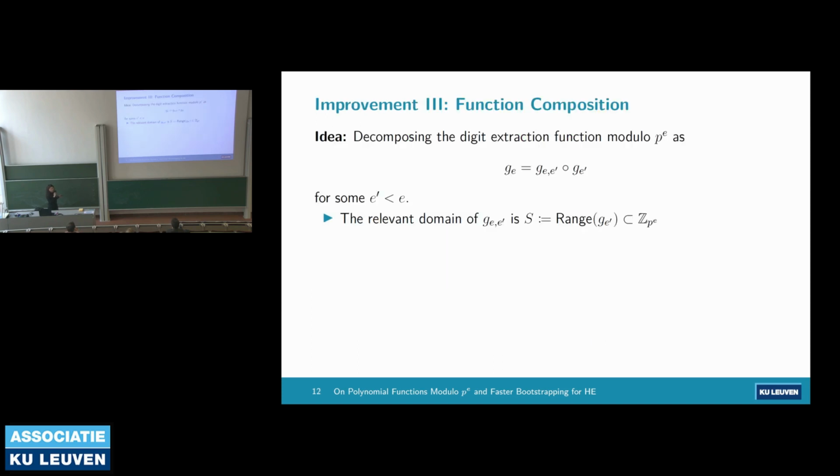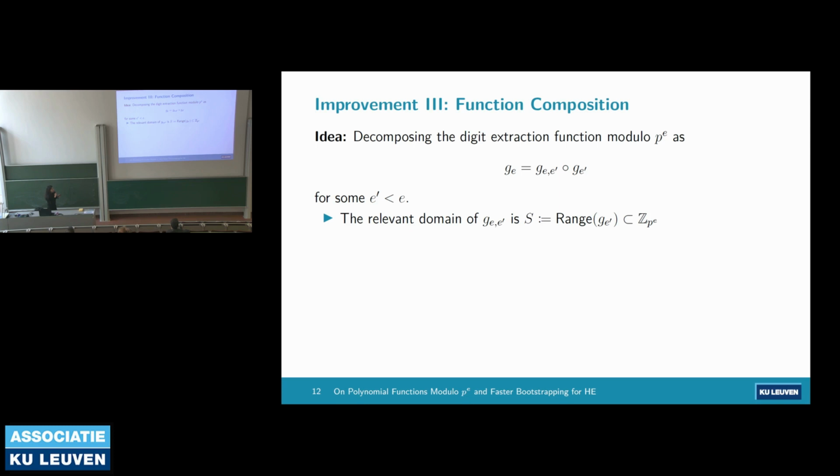Our third improvement uses function composition. Consider the digit extraction function modulo p to the power of e when e is very large. Then it can be done in 2 steps. Step 1, we pick some lower e prime and consider the same function g but modulo p to the power of e prime.